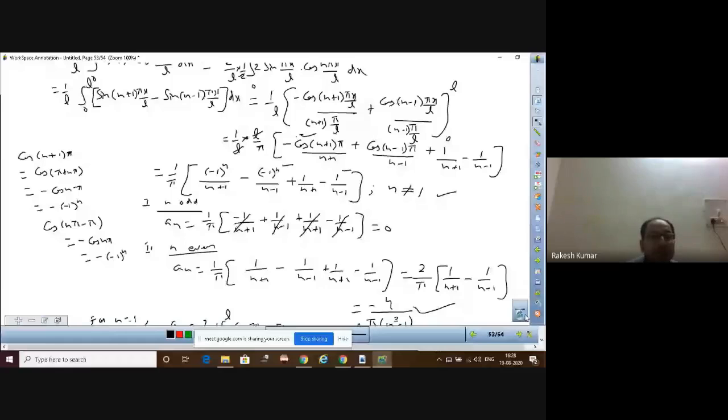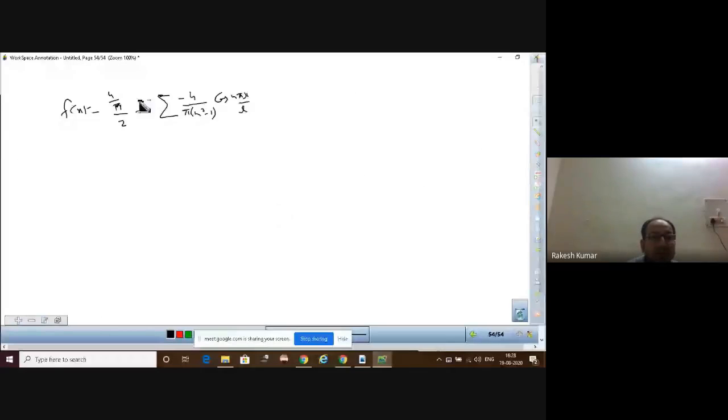When n is odd, the value becomes 0. So it means this value exists for n is equal to 2, 4 and so on.